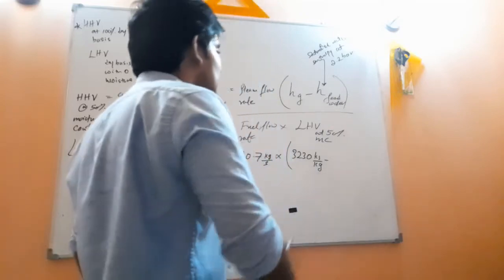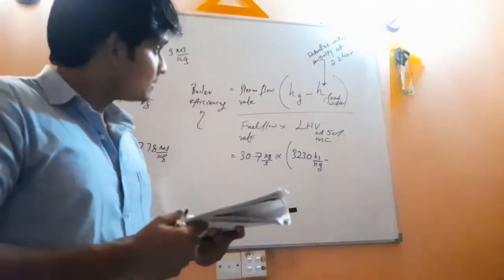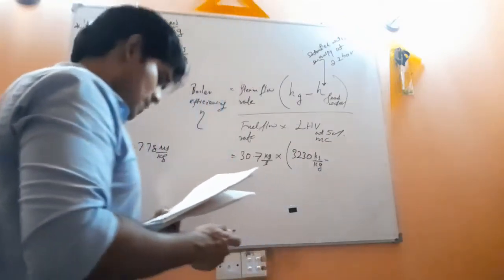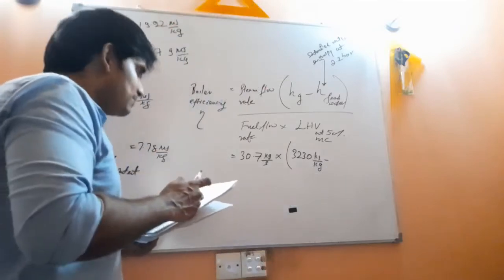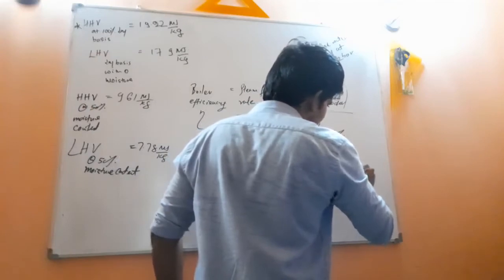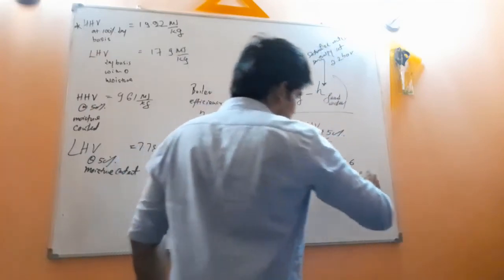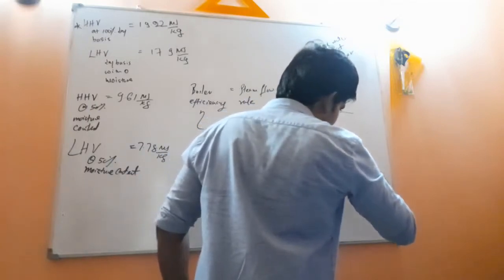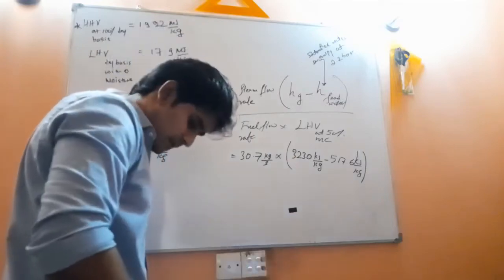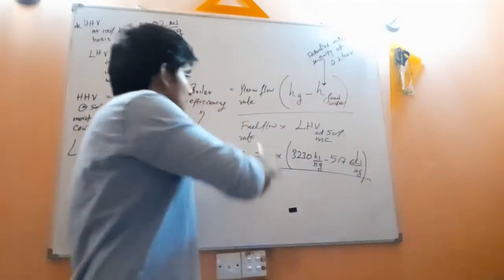So definitely the water enthalpy at 2.2 bar will be 517.6, or 580, never mind, kilojoules per kilogram, divided by fuel flow rate.